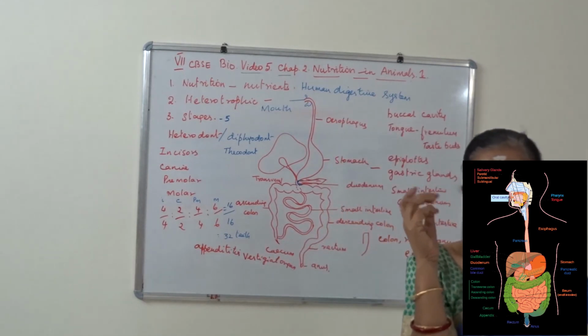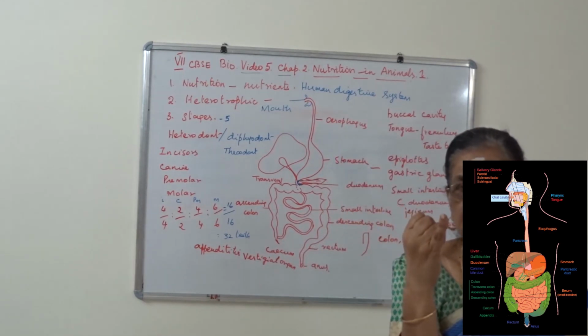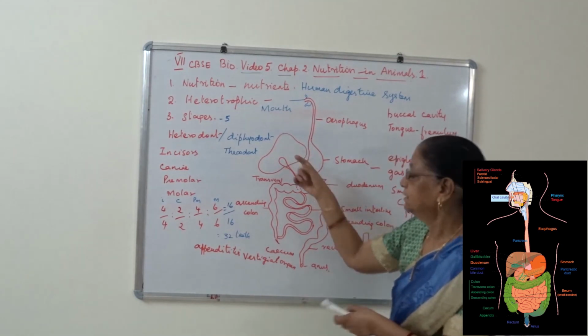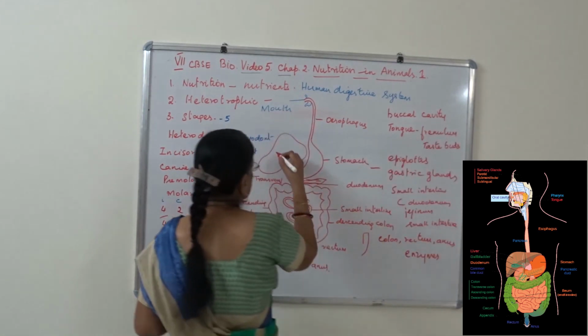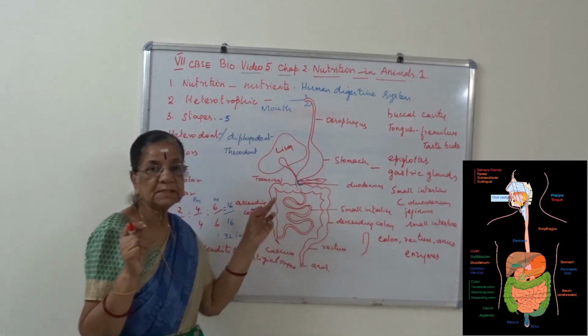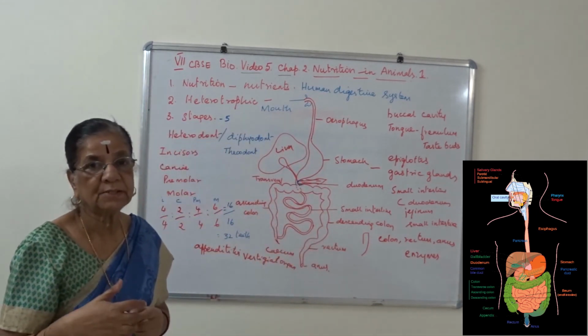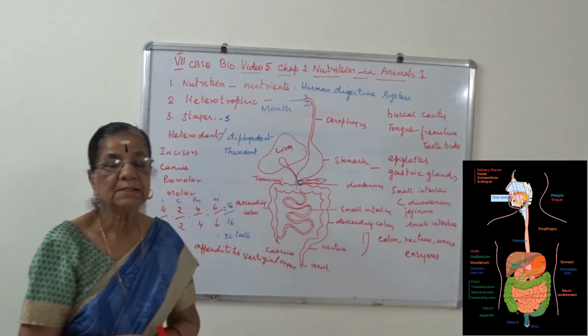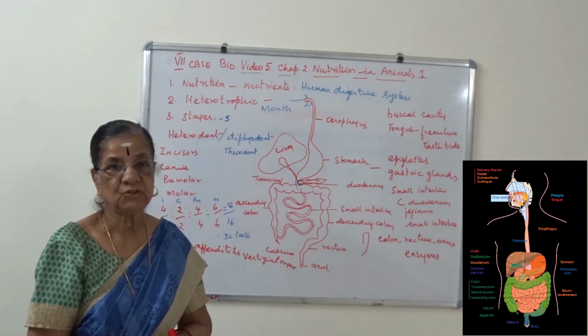These digestive glands are the salivary gland, the gastric gland in the stomach, the liver, the pancreas which secretes pancreatic juice, and the small intestine which secretes small intestinal juice.